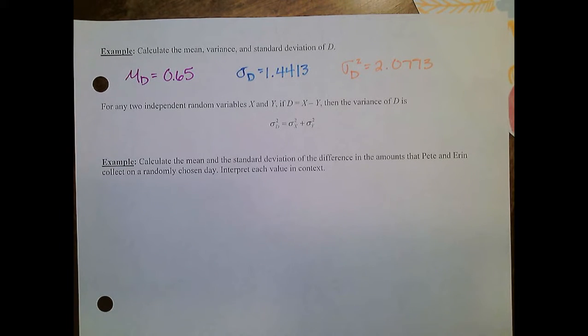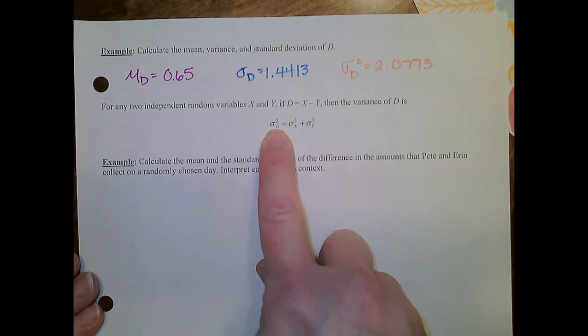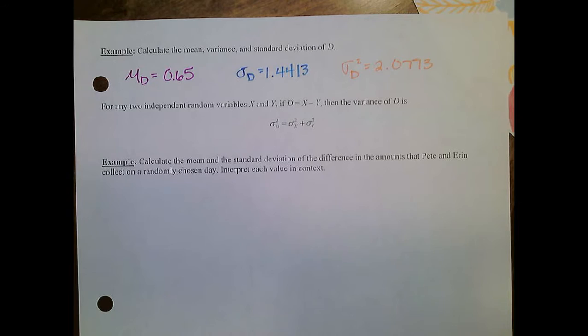And just like before, whenever we were adding the random variables, we're not going to be able to simply add their standard deviations together to find the standard deviation of the difference. But instead, we can find the variance of the difference by simply adding each of the variances together, and then we can take that value and take the square root.